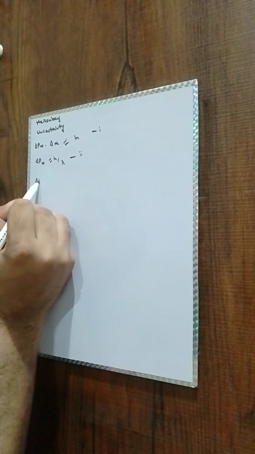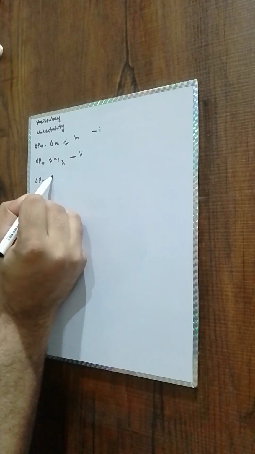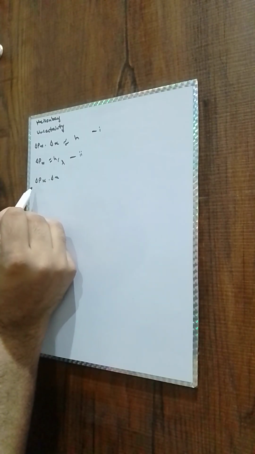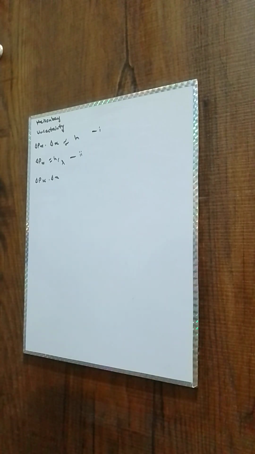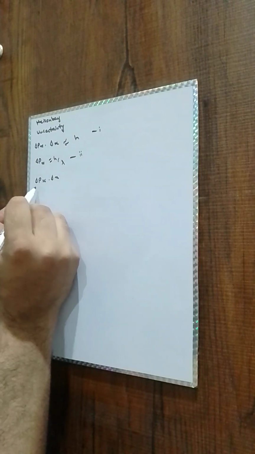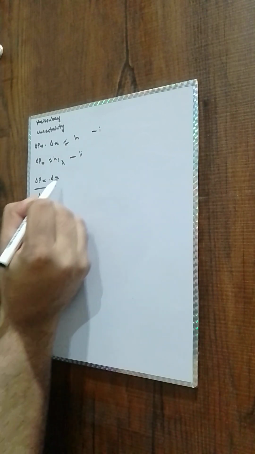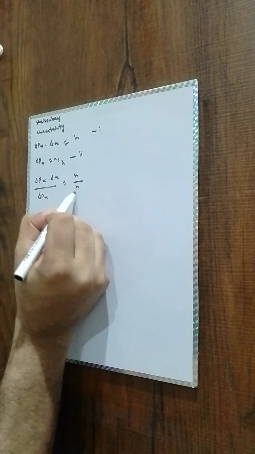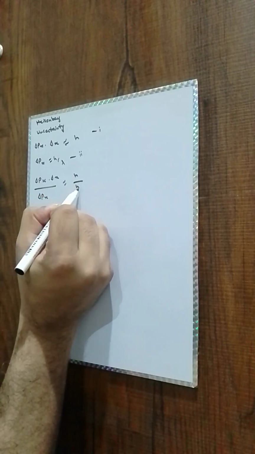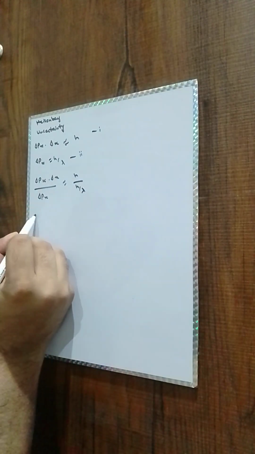what we get is delta px dot delta x. It's actually the division. We divide by delta px, which is roughly equal to h by lambda.